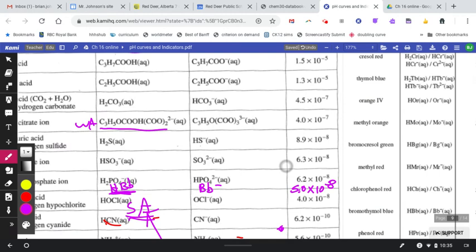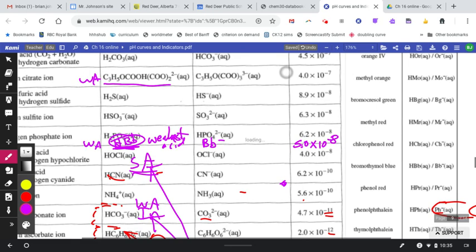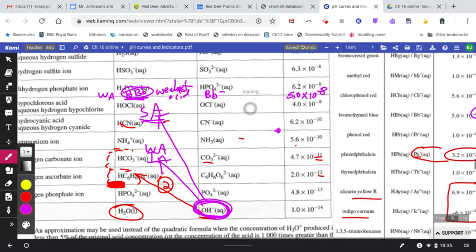And then finally, we get down to the weakest acid of them all, the bromothymol blue. So our strong base goes after that really strong one up there, and then the next strongest, and then the next strongest, and finally gets down to bromothymol blue.